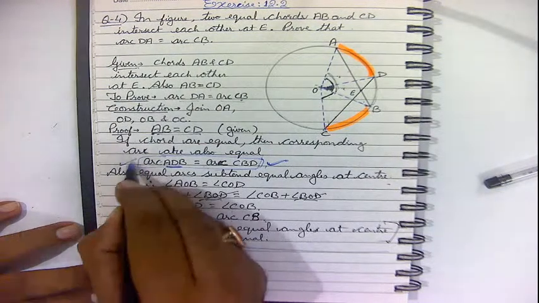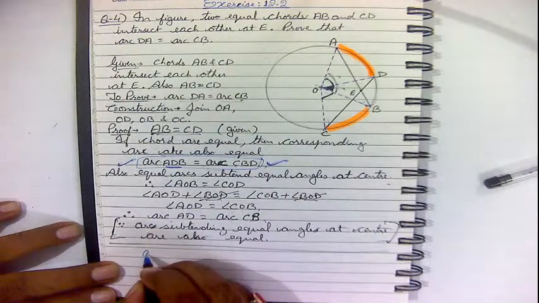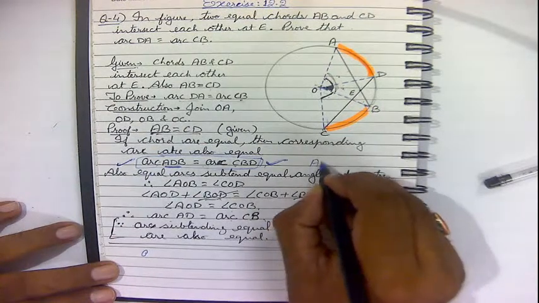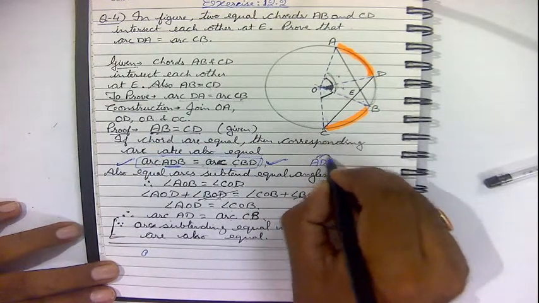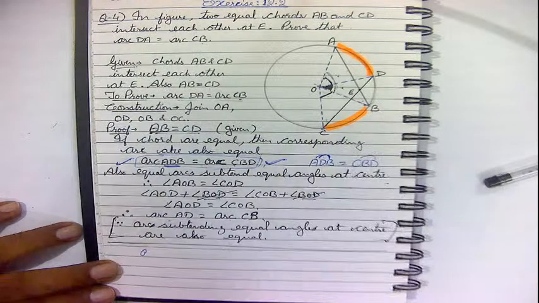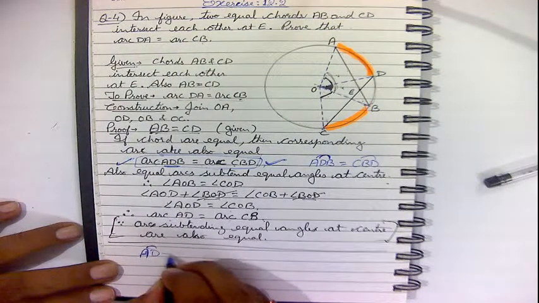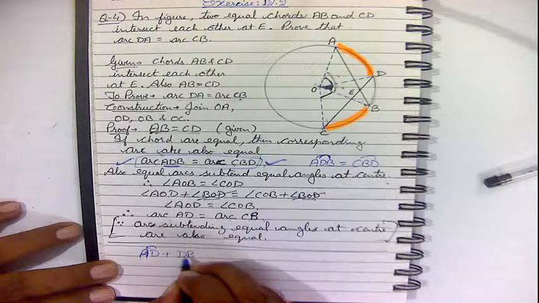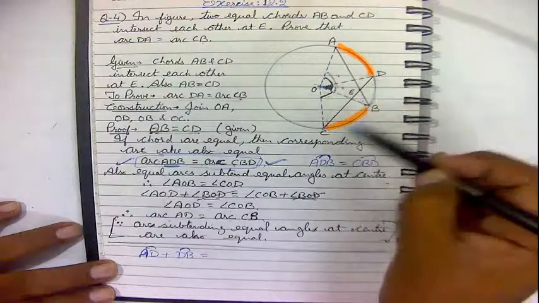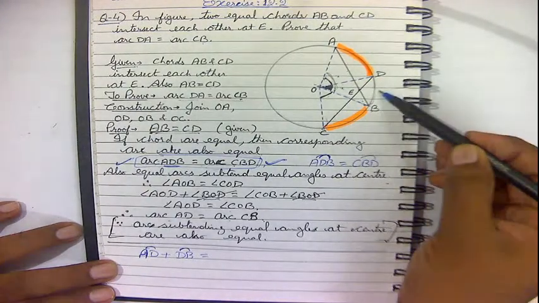So this same statement can be written as, instead of writing the word arc, you can also write ADB and put a sign of arc, is equal to CBD. So this will be arc AD plus arc DB equals to, now this CBD, ये जो सेकेंड आर्क है इसमें भी दो पार्ट्स हैं CB और DB.